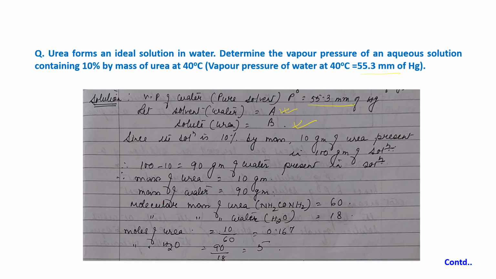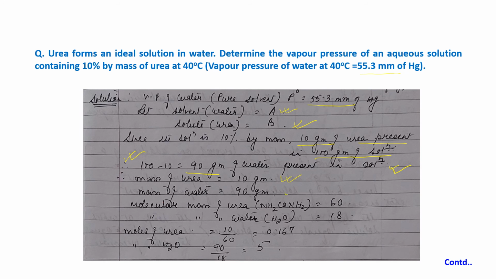Since the solution is 10% by mass, that means 10 gram of urea is present in 100 gram of the solution. Not the solvent, 10 gram of urea is present in 100 gram of the solution. So what is the amount of water present? 100 minus 10, that is 90 gram of water is present in the solution. Mass of urea is 10 gram.